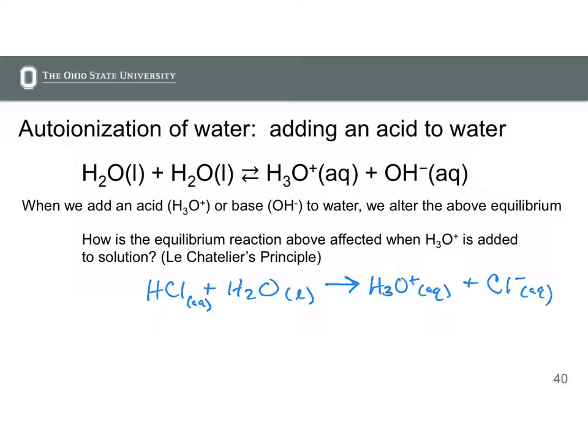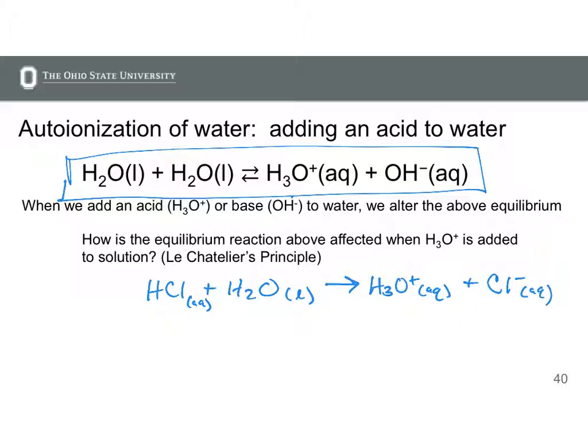So if we add more H3O plus to our equation for the autoionization of water, which direction will the equilibrium shift in order to regain equilibrium? It's going to go to the reactant side. Okay?